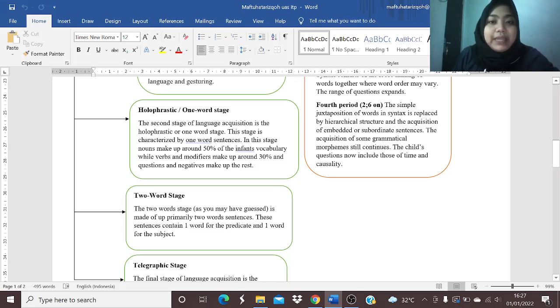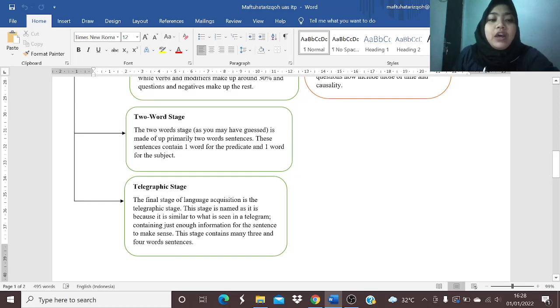This stage contains single-word utterances such as "play" for "I want to play now." Infants use these sentences primarily to obtain things they want or need, but sometimes they aren't that obvious. For example, a baby may cry or say "mama" when it purely wants attention. The infant is ready to advance to the next stage when it can speak in successive one-word sentences.